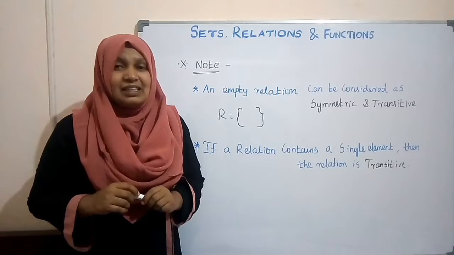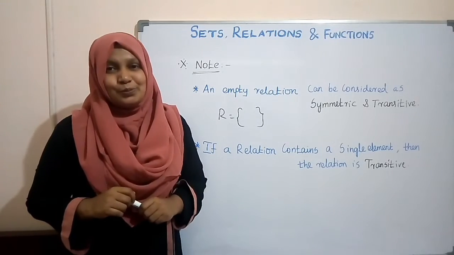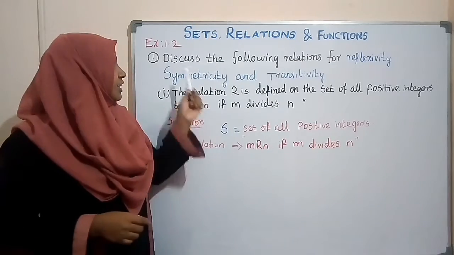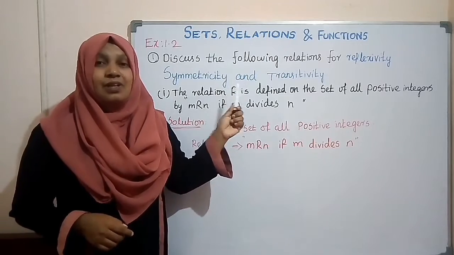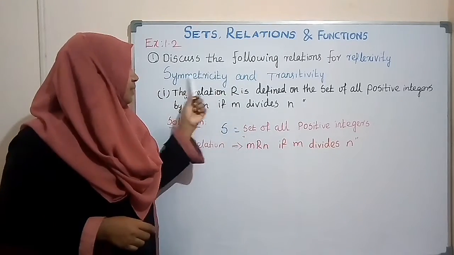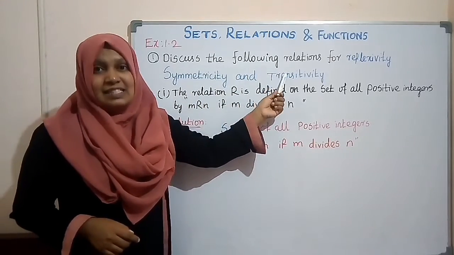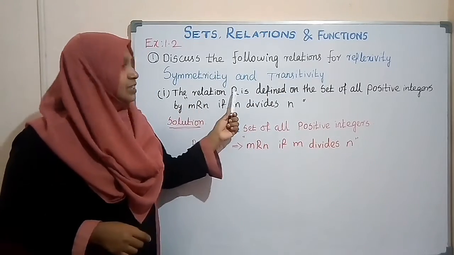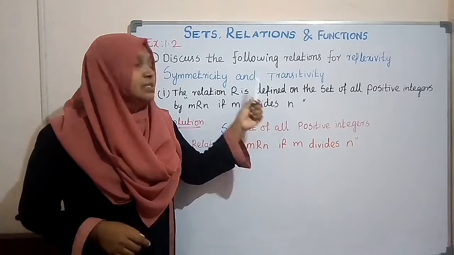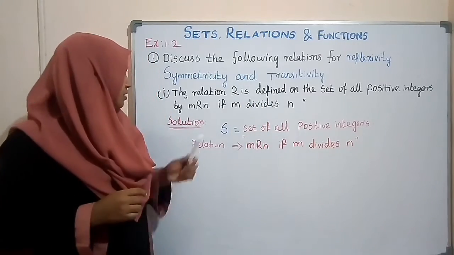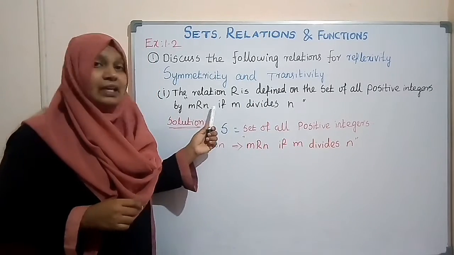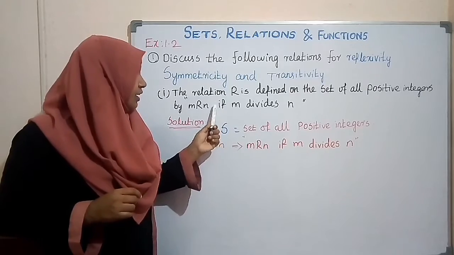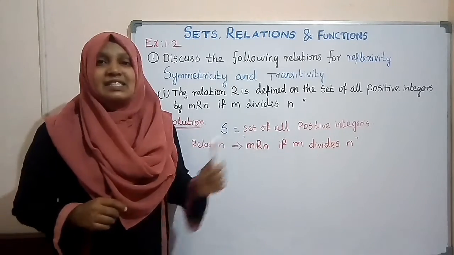Now we can see the exercise 1.2. Question number 1. Discuss the following relations for reflexivity, symmetricity and transitivity. The first subdivision: the relation R is defined on the set of all positive integers by m relates n only when m divides n.